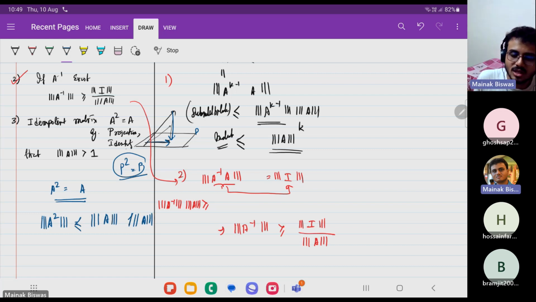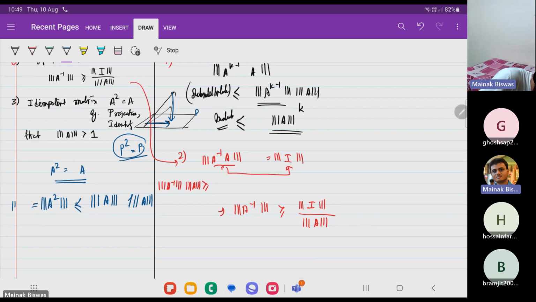Are you able to use the properties? And this is also equal to A, right? As A square is given to be A. So you can cancel this and this. So you have, right?